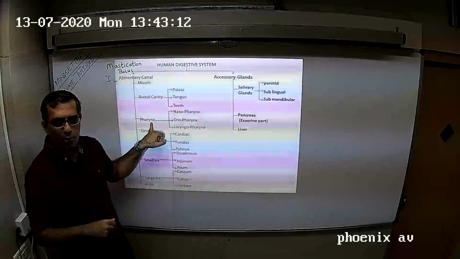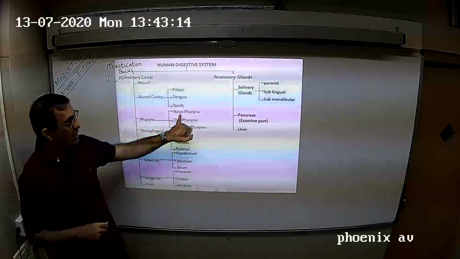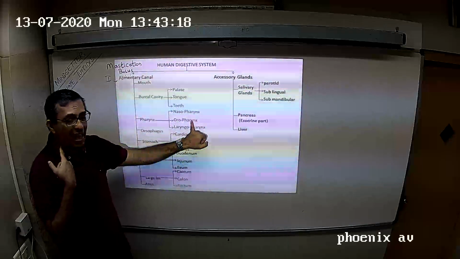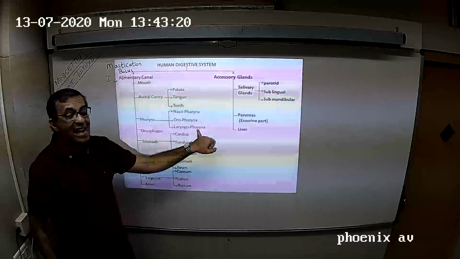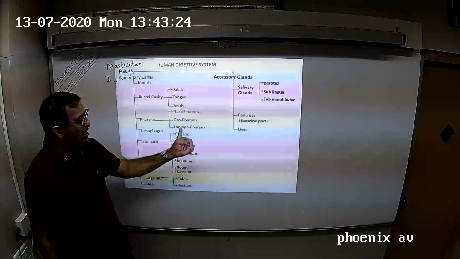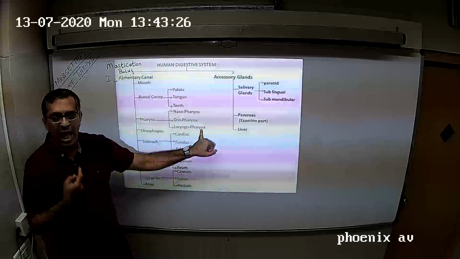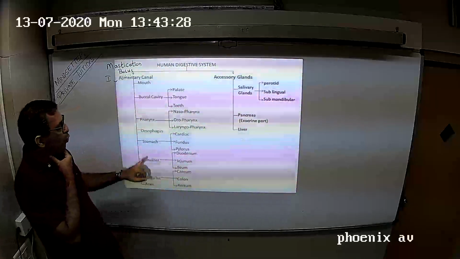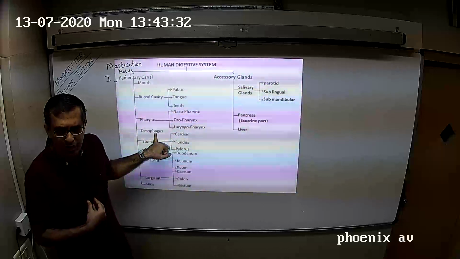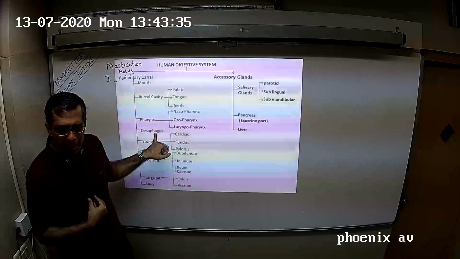Vishal sir just taught you that in respiration there is nasopharynx, oropharynx, and laryngopharynx. And via pharynx, food will then enter into the esophagus. Esophagus, also called your food pipe.